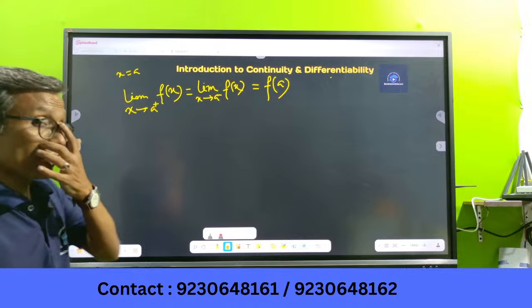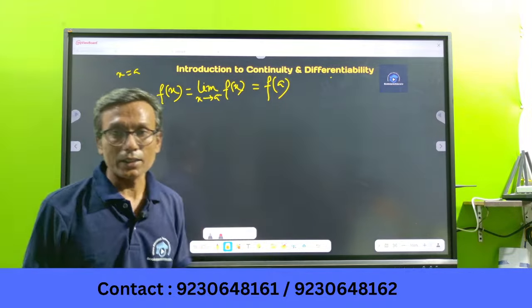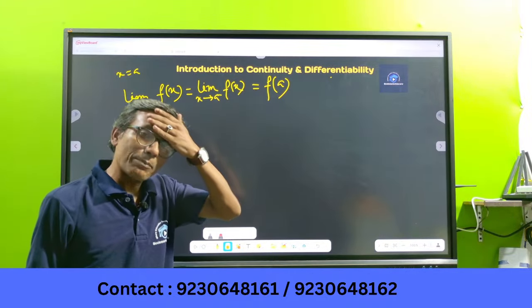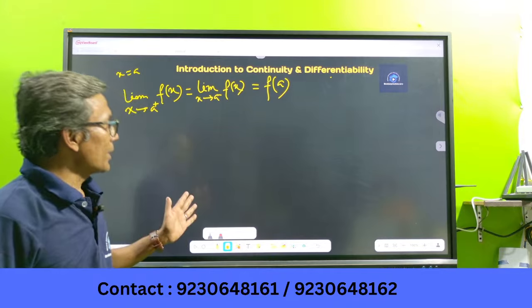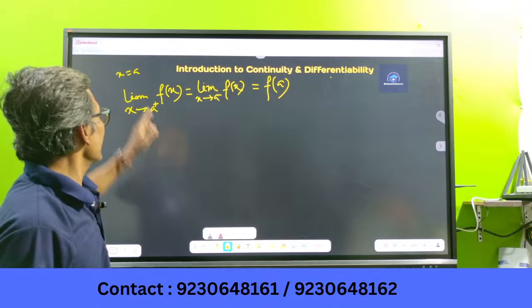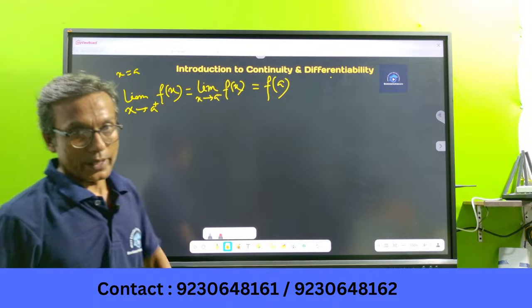If any function obeys this condition, then that function is said to be continuous at the given point. Here the point is x equals a.